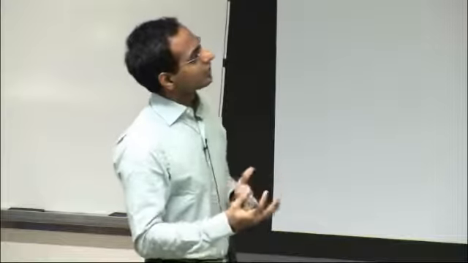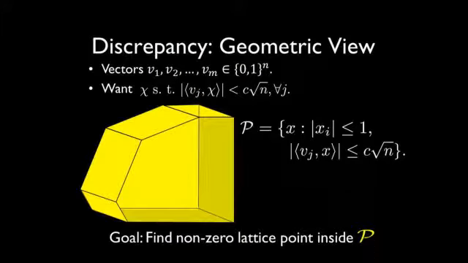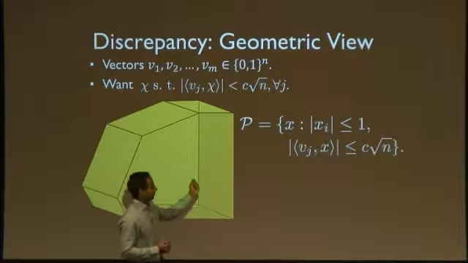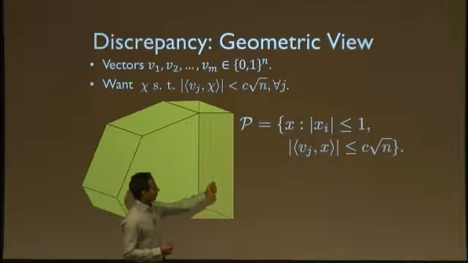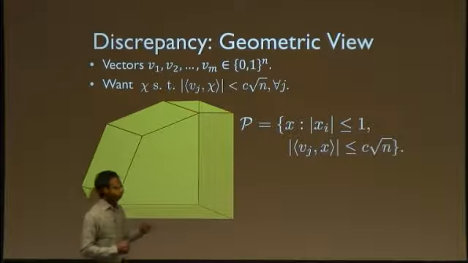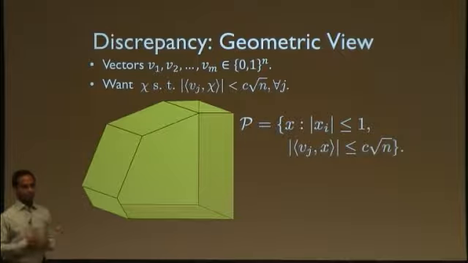And this naturally suggests looking at the linear programming relaxation for the problem. If you do that, you end up with the following polytope P, which is the set of all x such that each entry of x is at most 1 in absolute value, and the inner product of x with each of the indicator vectors is small. So this is the linear programming relaxation of the discrepancy minimization problem.